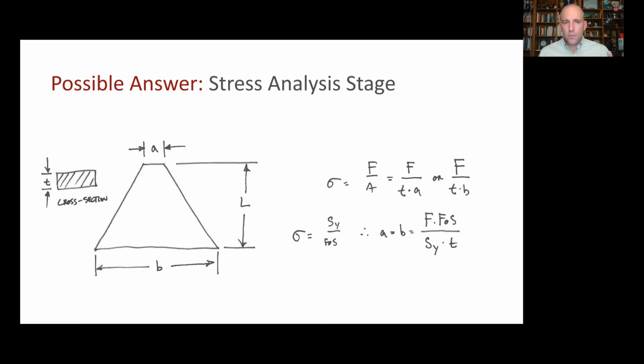But in both cases, we would like that stress to be equal to the yield strength divided by the factor of safety. So if we plug those equations in, we'll find that a should equal F times FOS over S_Y times t, and we'll find that b should equal F times FOS divided by the yield strength times the thickness. And therefore, they should be equal to each other.